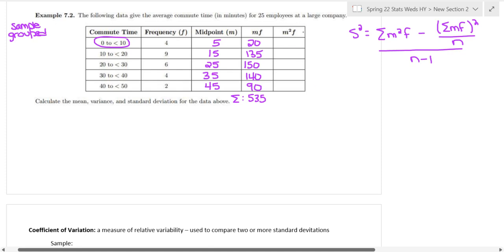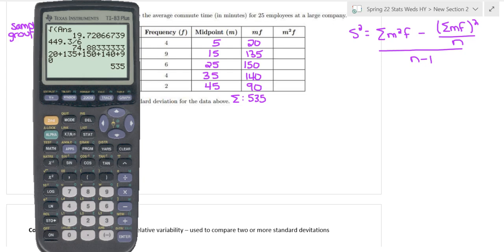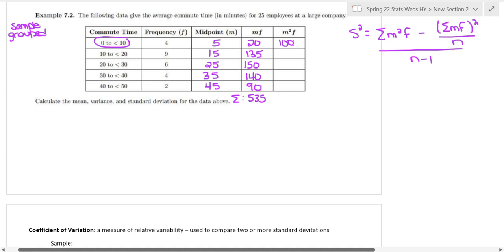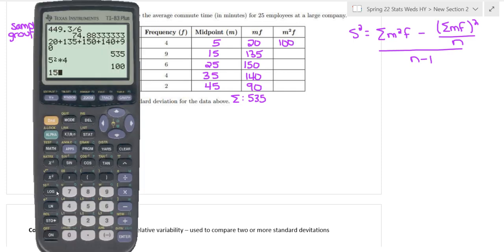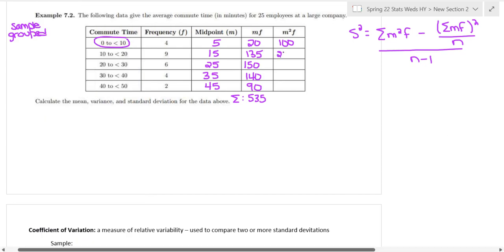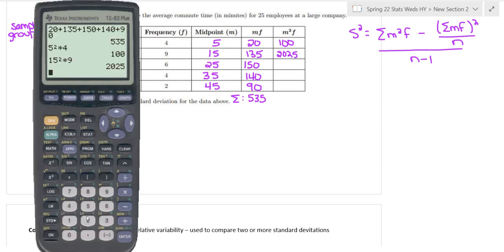And then we want midpoint squared times frequency. So we need to square. You can make another column for squared if you want. You don't have to. And then multiply. So usually for here, I would just go 5 squared times 4. So 100. And then 15 squared times 9, 2025. Then 25 squared times 6, 3750.